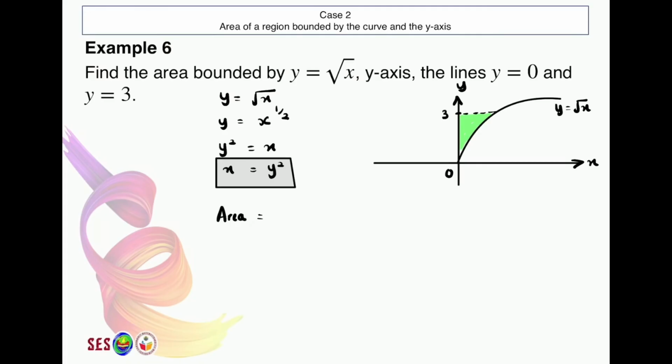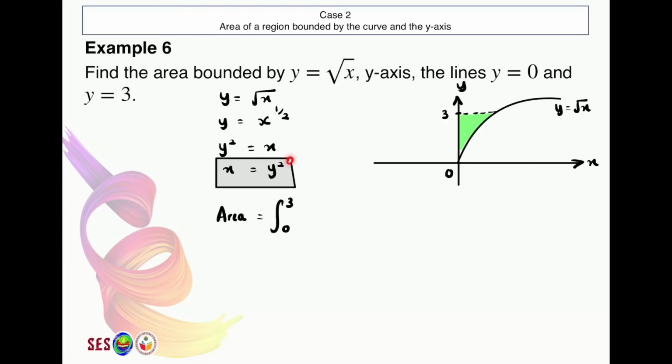So to find the area of the region that I've shaded, the region bounded by the curve and the y-axis, we would need to take the integral from 0 to 3, because y equals 0 and y equals 3, so 0 to 3 is our interval. Then we'll take the right function minus the left function. The right function is x equals y squared. Remember that when we find the area bounded by the curve and the y-axis, we need to write the functions in terms of y.